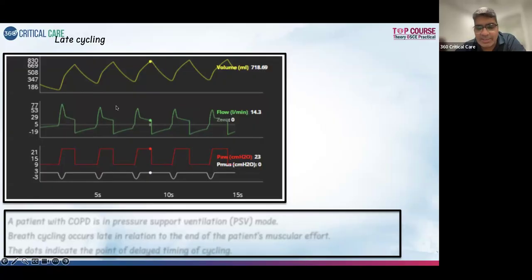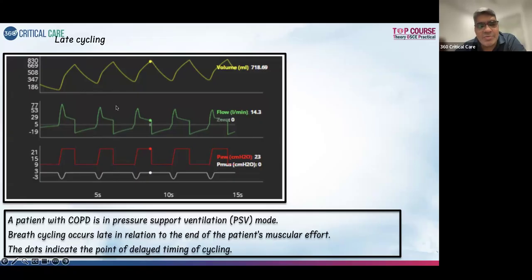So this is late cycling. This usually happens in COPD patients, where the inspiratory time is short, and if you keep giving them air, the expiratory time becomes shorter and they need more expiratory time. So late cycling is not acceptable in a COPD patient.